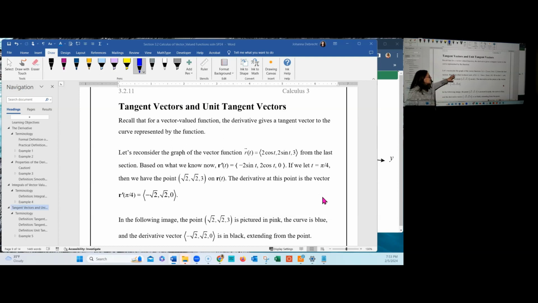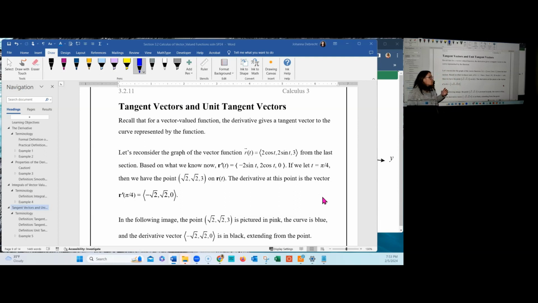Now let's reconsider the graph of the vector function r of t from the last section, where r of t is 2 cosine t, 2 sine t, and 3, a 3-component vector valued function.